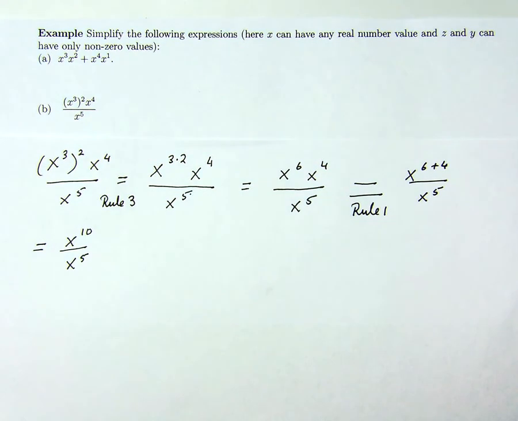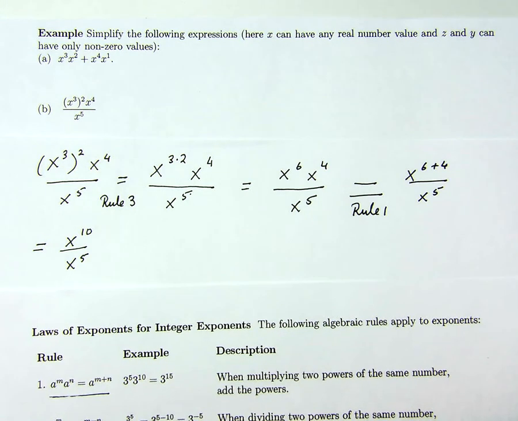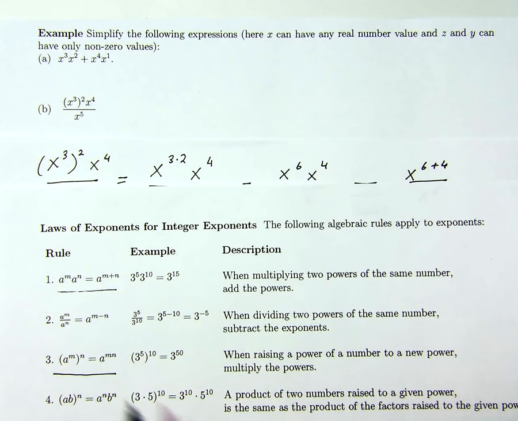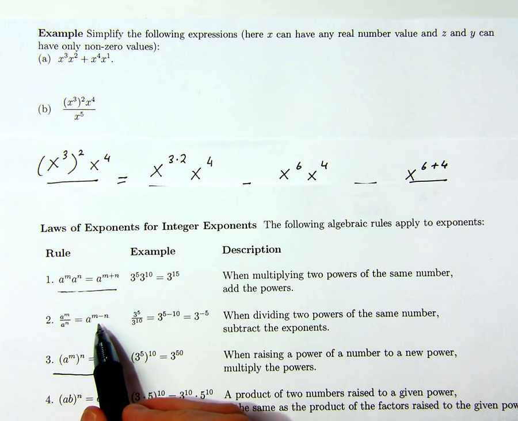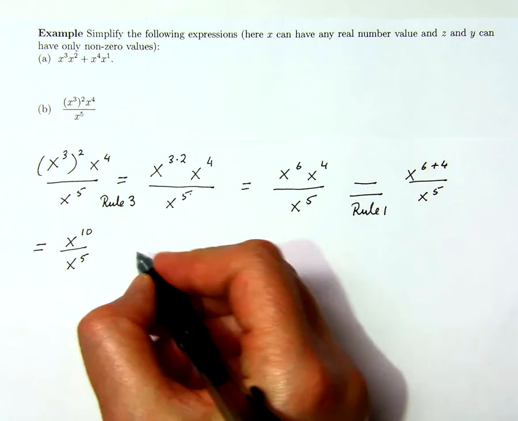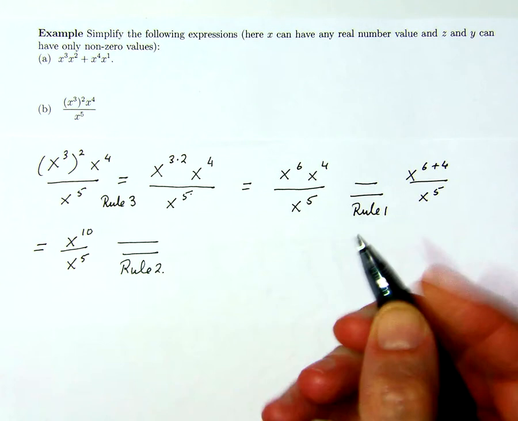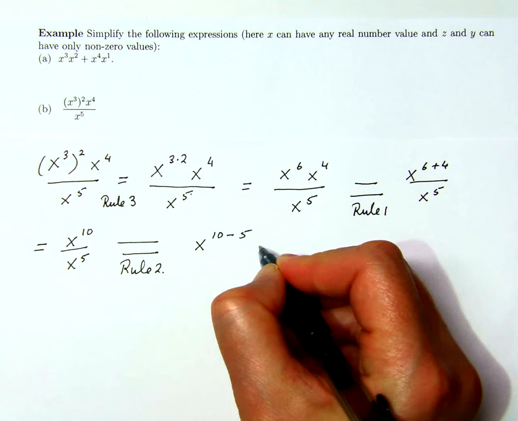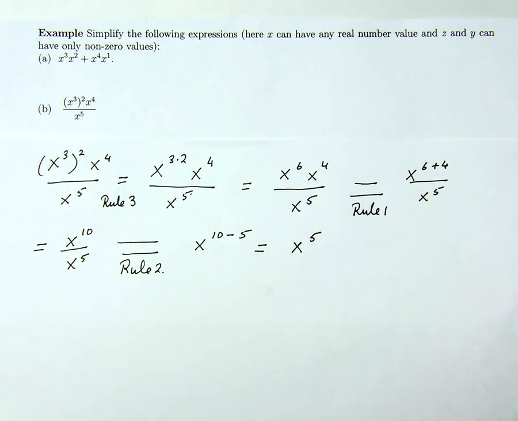And now, most likely you've done these calculations before and you realize that it's just cancellation, but to be pedantic, we're going to apply rule number 2 here. A to the m over a to the n is a to the m minus n. So I'm going to subtract the exponents here using rule 2, or you might just see this as cancellation. So it's x to the 10 minus 5, and that's equal to x to the 5.